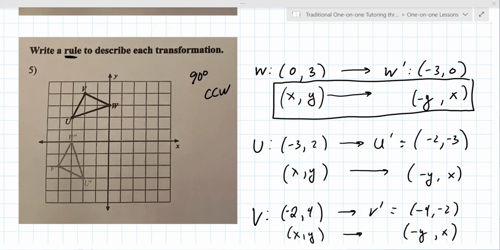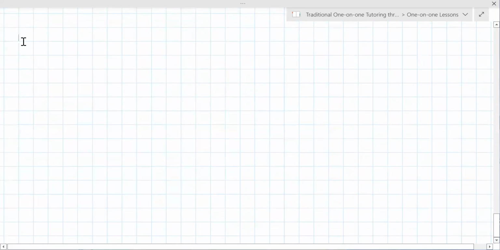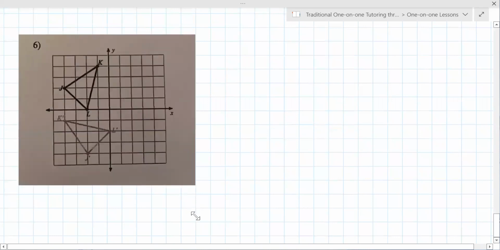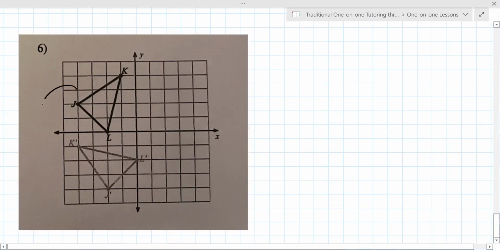All right, for the next one, number 6, same thing. If you were going into a test or quiz, you would want to take an educated guess about what you think is happening here. And to me, it looks again like a rotation. And we just confirm that by labeling the points.